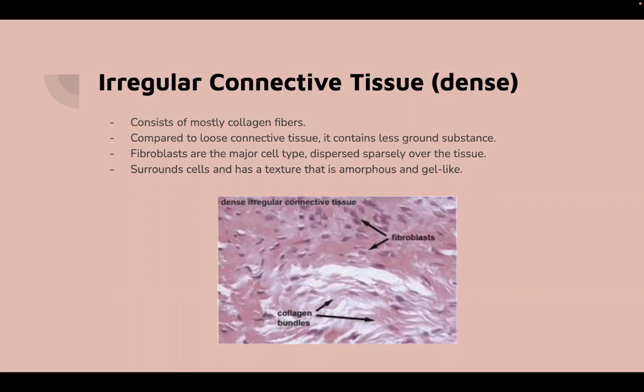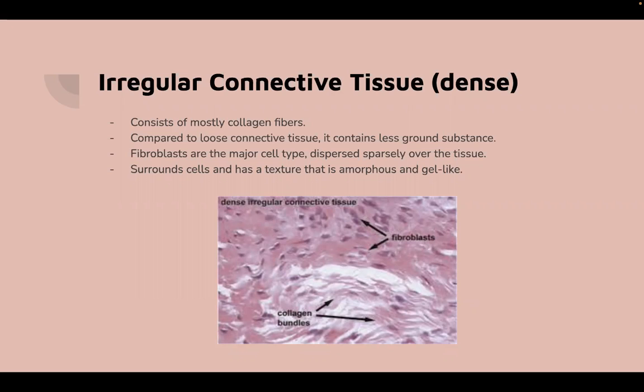It also contains fibroblast cells and has more ground substance and much richer blood supply than dense regular connective tissue. This tissue can handle stress in multiple directions and is found in the dermis of the skin and periosteum, which covers bone.